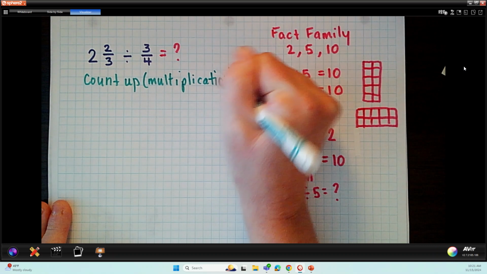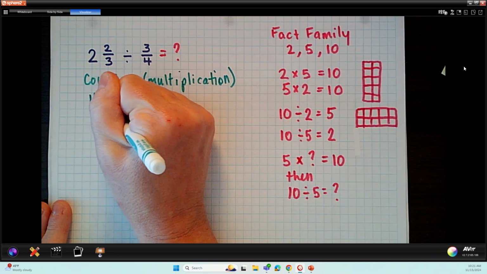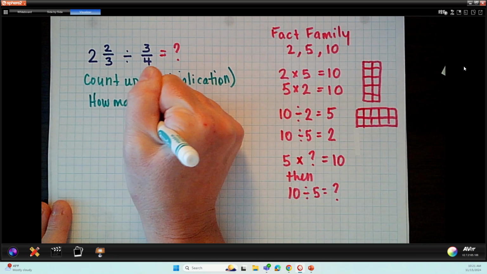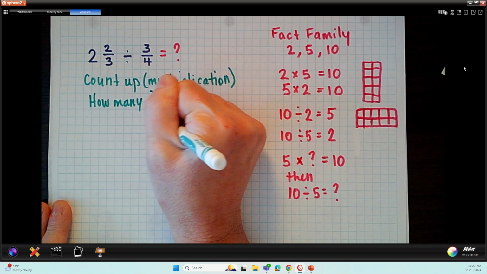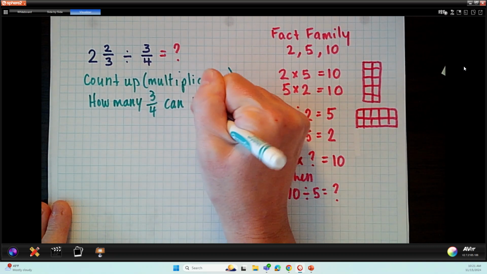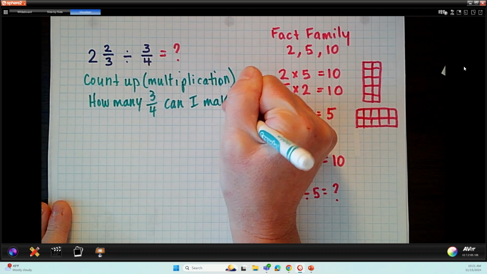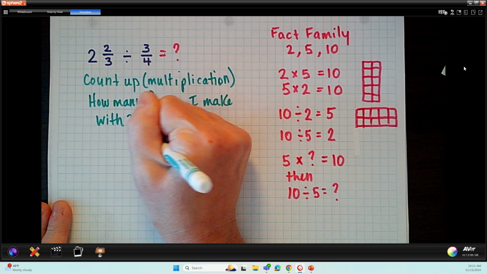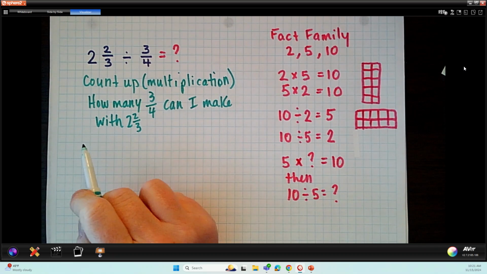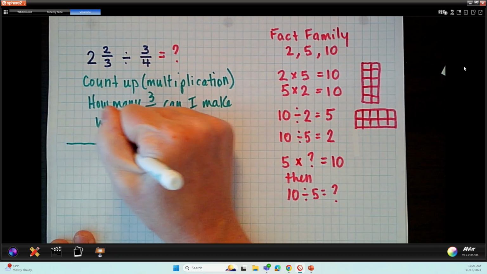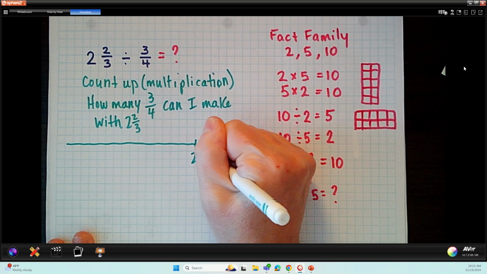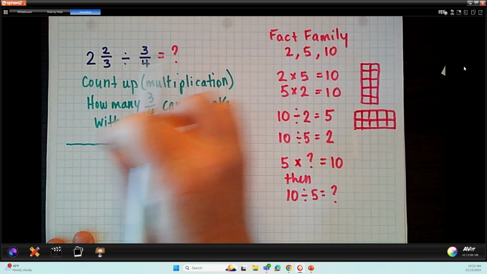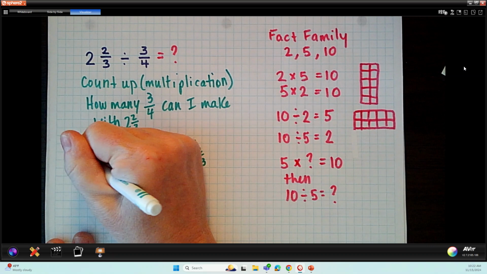So I can say to myself, how many 3/4 can I make with 2 2/3? Now, this would be like if I had a rope, right? If I had a rope that was 2 2/3 and I needed to break it down into 3/4, right?